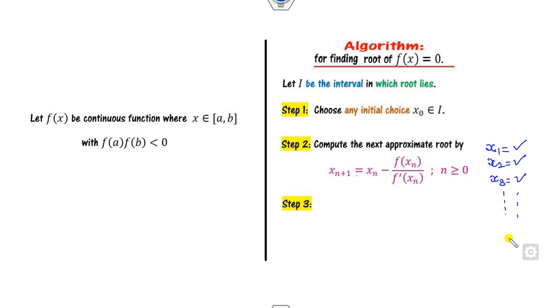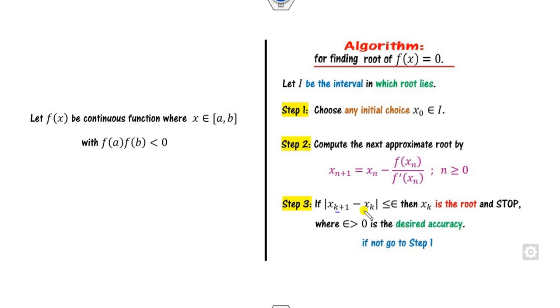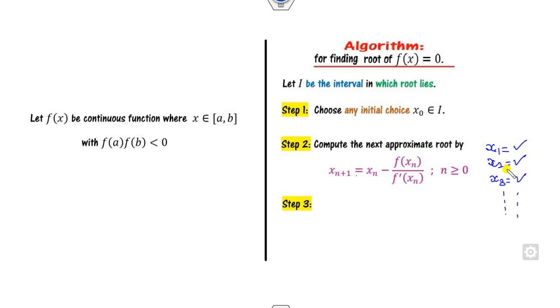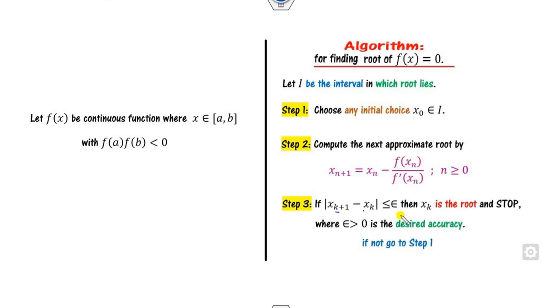We continue this until the difference between two consecutive values, like x3 minus x2, x2 minus x1, x4 minus x3, and so on, is less than the desired accuracy. Once it is less than the desired accuracy, then we say xk is my root and stop the process. Otherwise we go back to step 2 and find the solution.